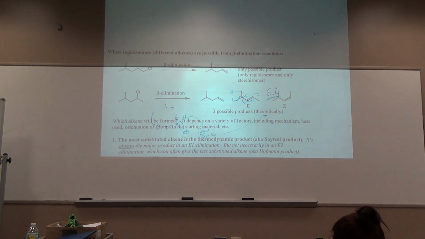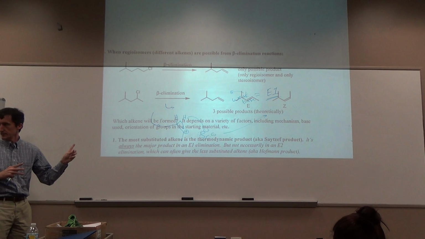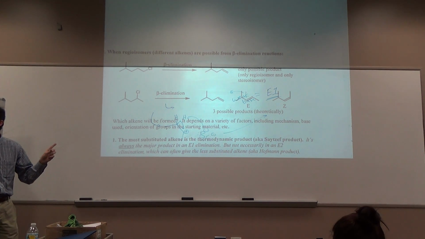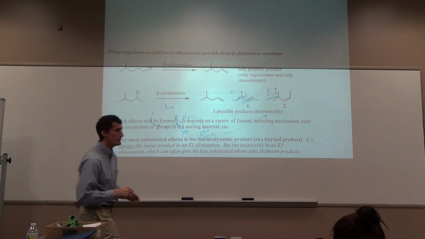Question? When you're taking the beta H, does it matter which direction you go? Does it just be one away? Would it be the most stable? In my examples, there was only one beta carbon. Was it? Maybe not.